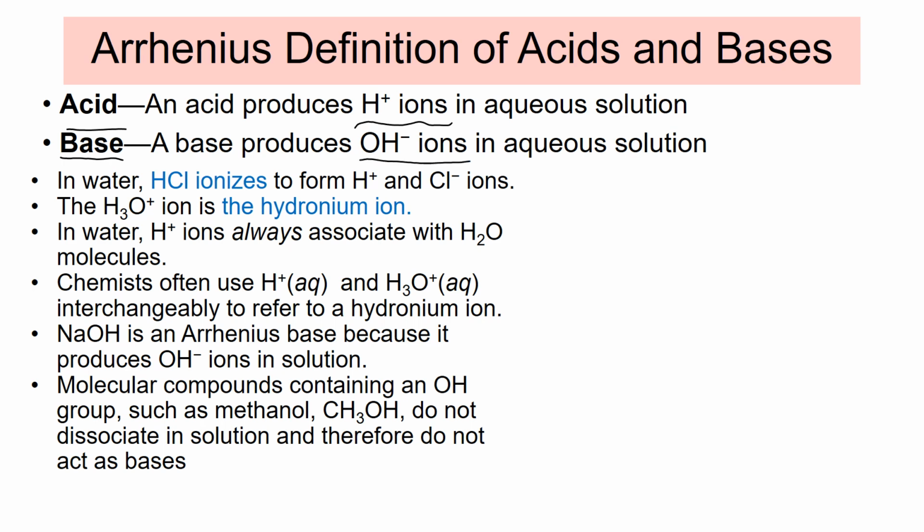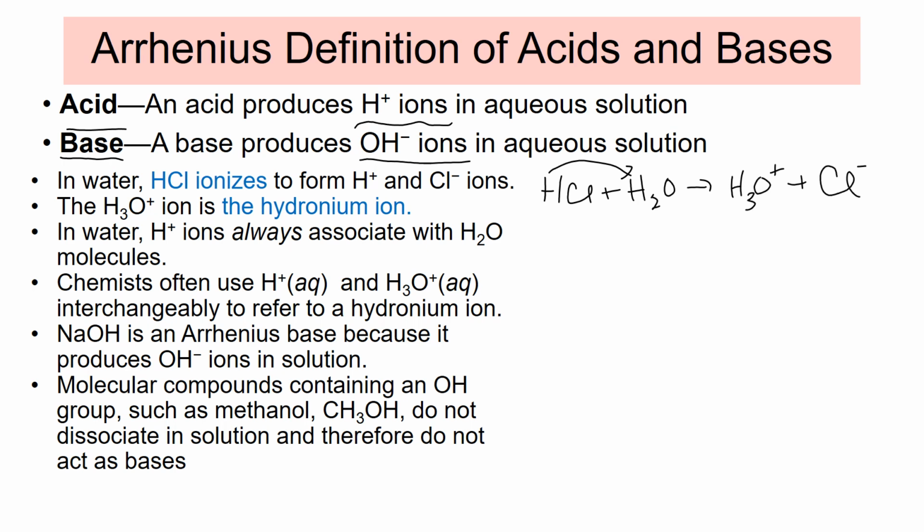So consider hydrochloric acid, HCl. When you put HCl in water, what happens is that the H comes and joins the water. You get H3O+ plus chloride ions.